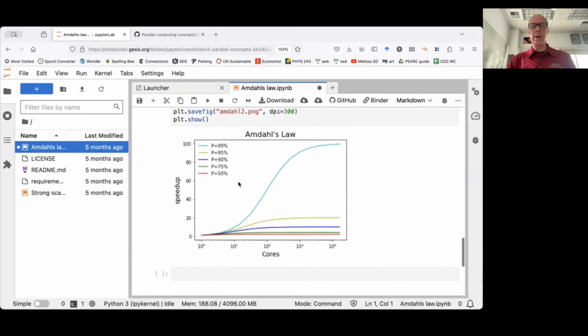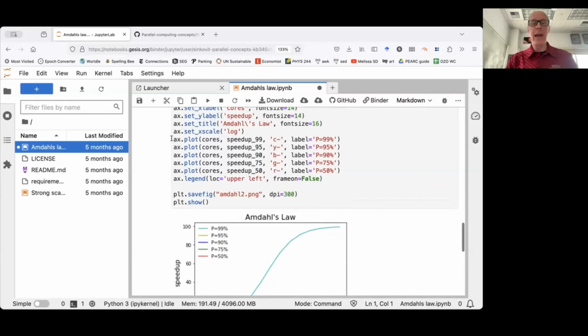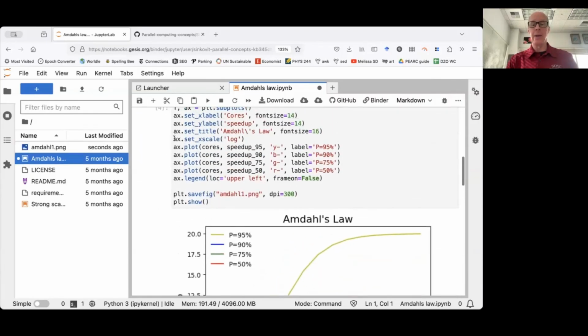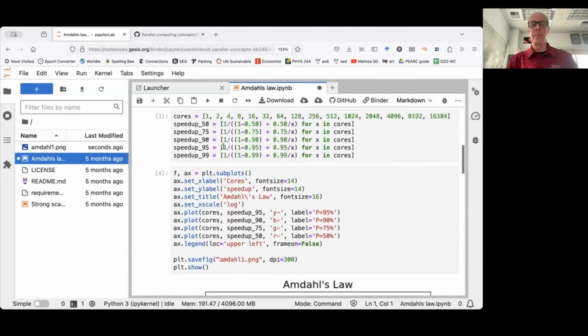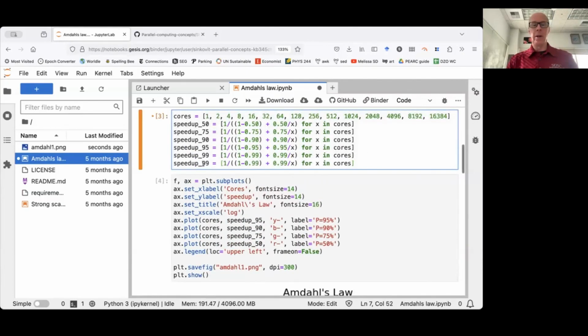And if you want, you can experiment with this. Let me add another line here for 99.9% parallel content.